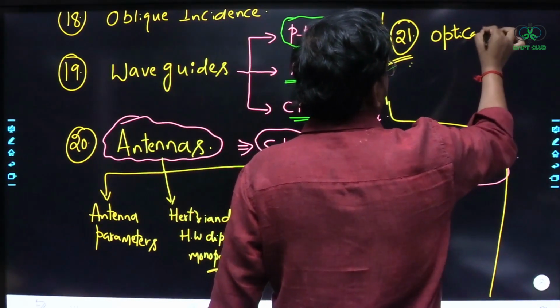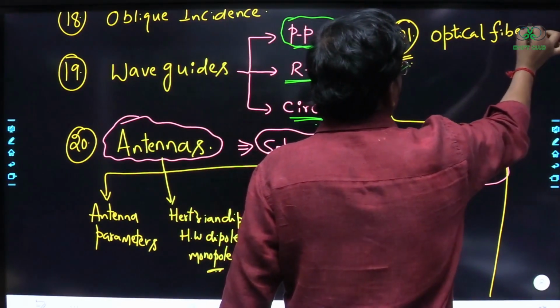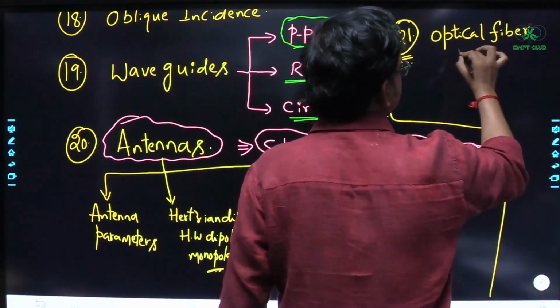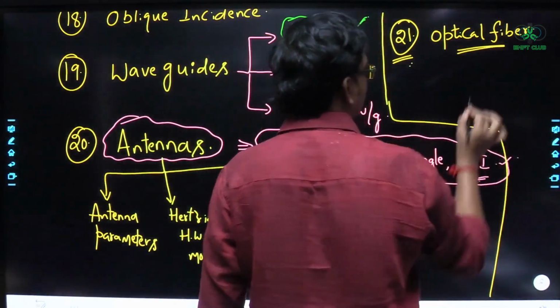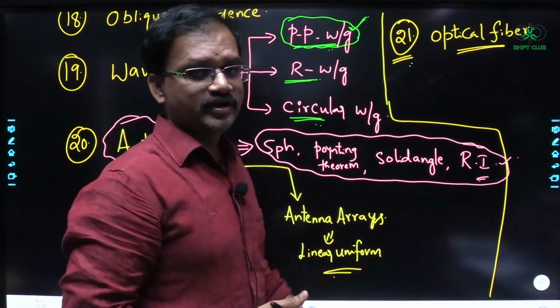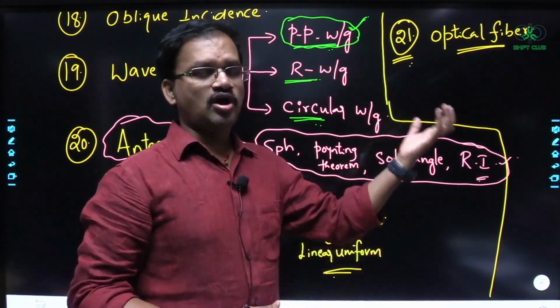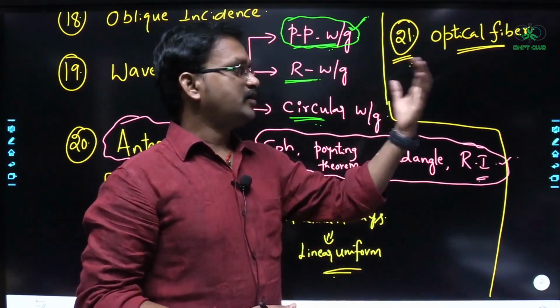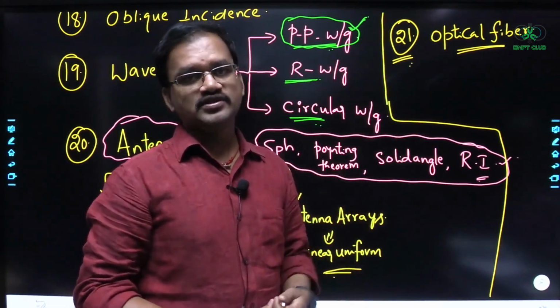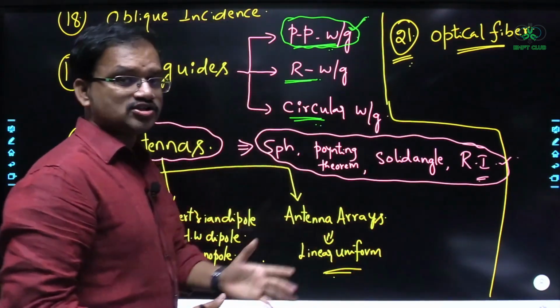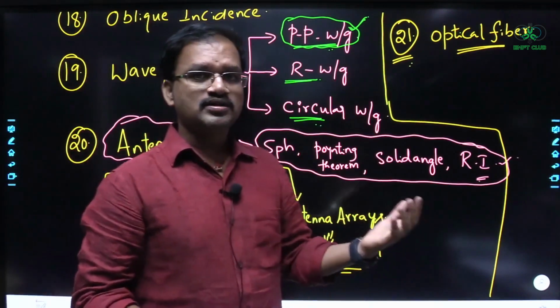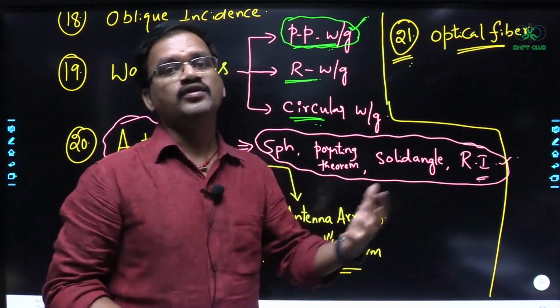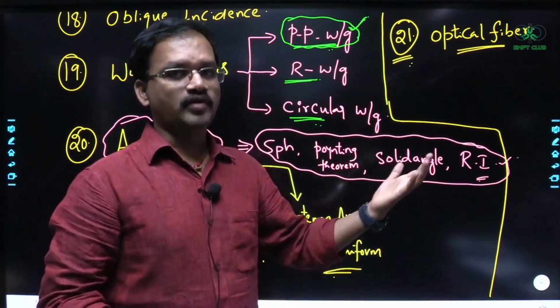Actually this optical fiber is an advanced topic of EMFT, an application of EMFT. Optical fiber communication, radar engineering, microwave engineering, and even the antenna part, all these are nothing but advanced topics and applications of EMFT.